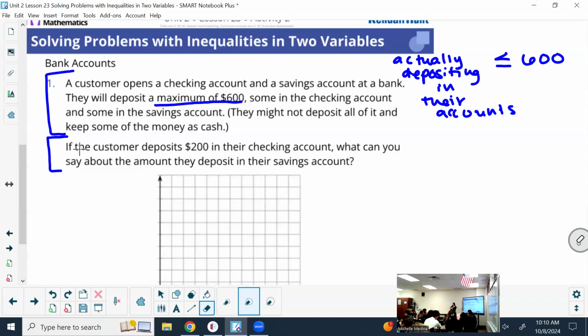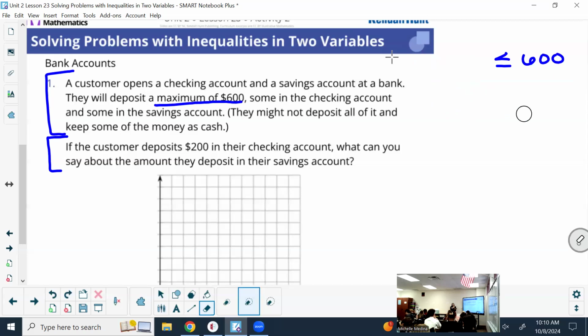Right? How do we label unknowns in that? So do I want to just use one variable? Two? Two, because there's two different accounts. Great. So they're not putting it in the same account. I don't want to use just one variable.